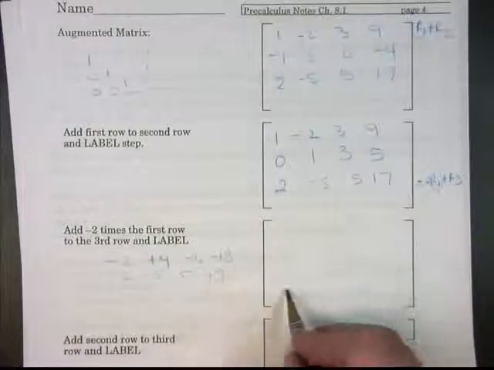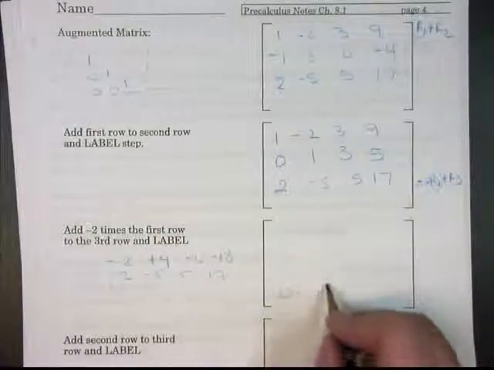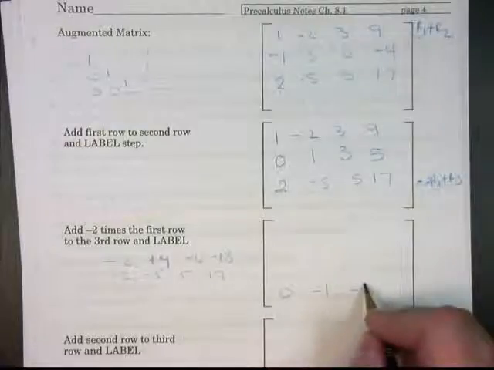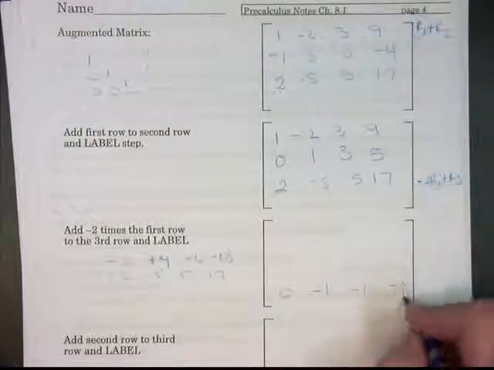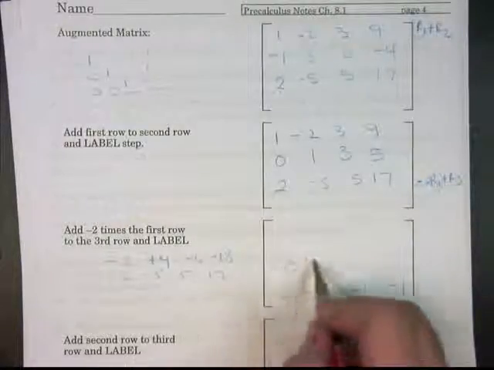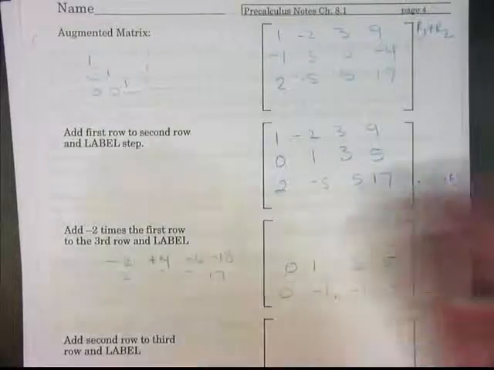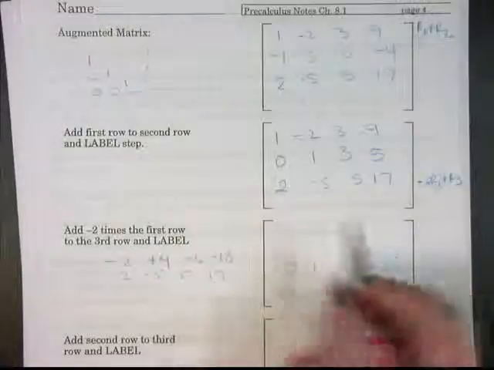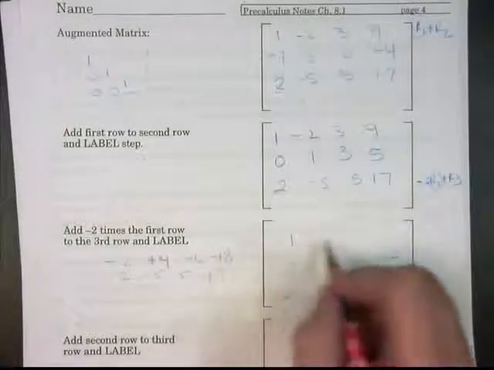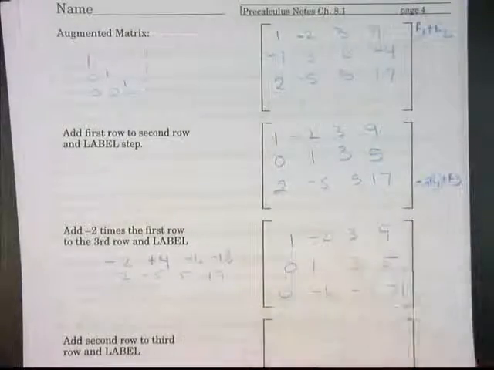We're going to get 0, -1, -1, -1. Now, we did nothing to the second row. It stays. And the first row is the one we kind of manipulated so that we could change the third. So it stays. I know it kind of seems backwards, but whichever one you're putting first is the one you don't touch.